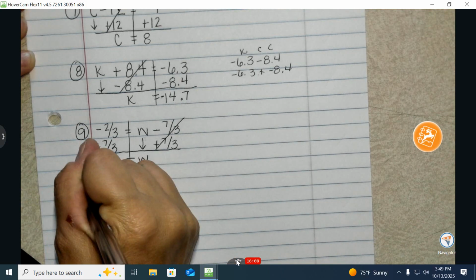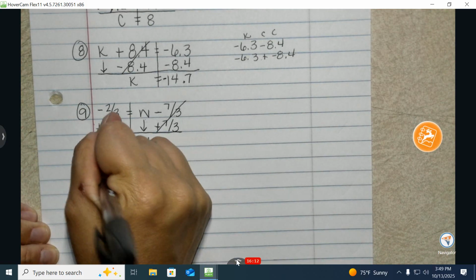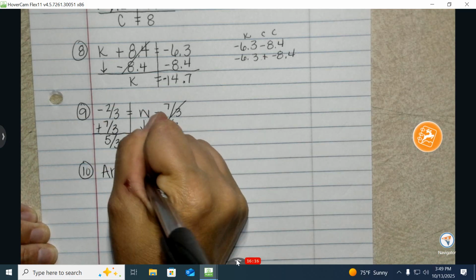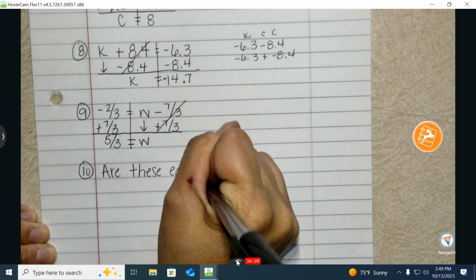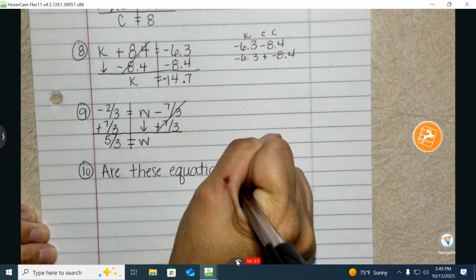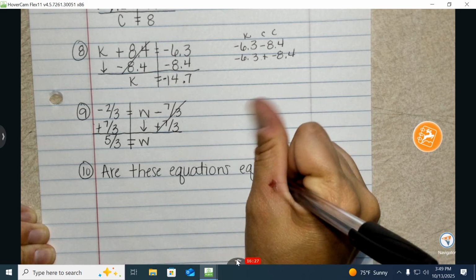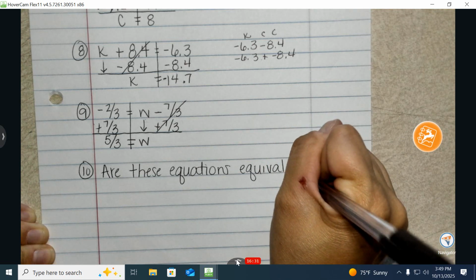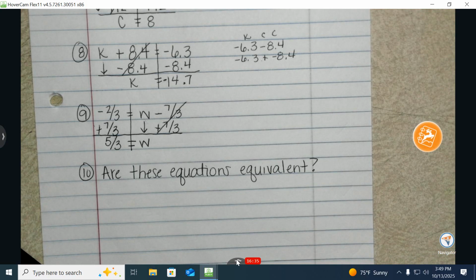All right, number 10. Are these equations equivalent? And equivalent is just a really mathy word for are they equal?